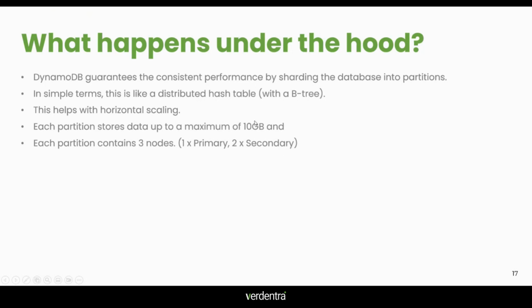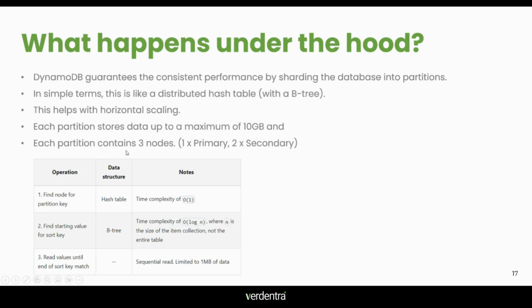Also, if this amount exceeds, and your partition has to hold more than 10 gigabytes, DynamoDB will provision another partition for your key. That happens under the hood automatically, so you don't have to worry about that.